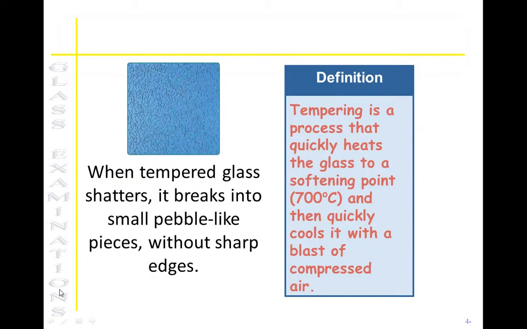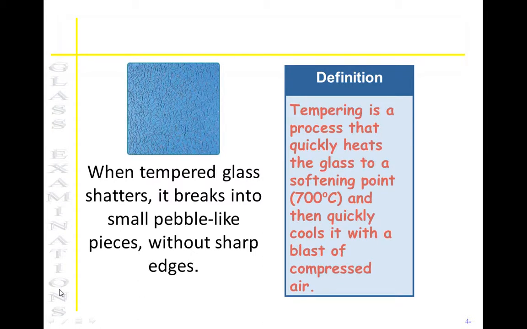Tempered glass is going to go through an additional heating and cooling after the annealing stage. So it's going to be heated again to a softening point. It's not going to be completely liquid. It'll just be softened. So it's only going to go to about 700 degrees centigrade, but then it's going to be quickly cooled.